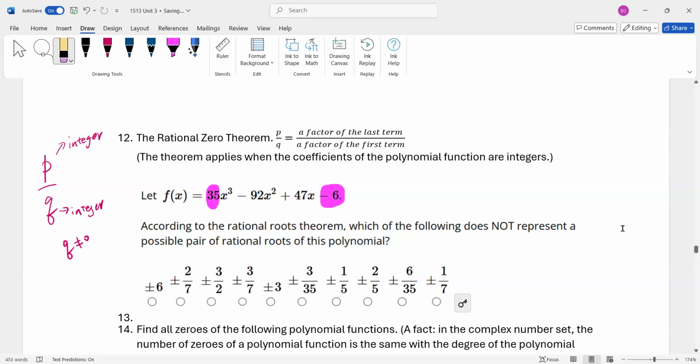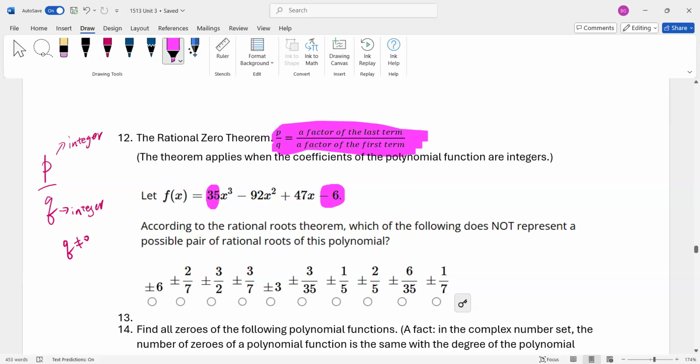So how it works, what you need to remember is this one. It is the formula for finding the potential rational zeros. P over Q represents a potential rational zero. P and Q are both integers.